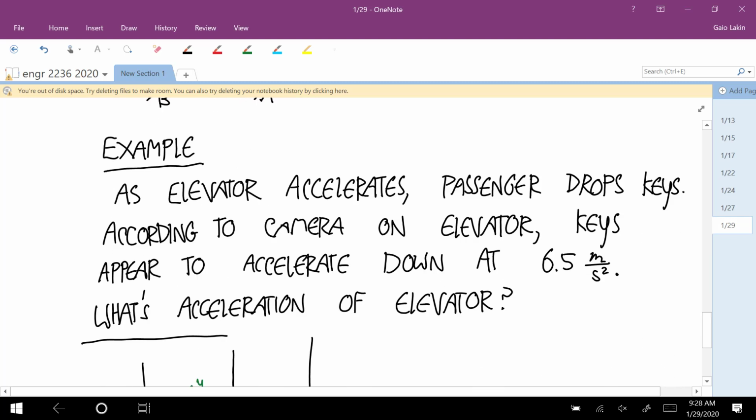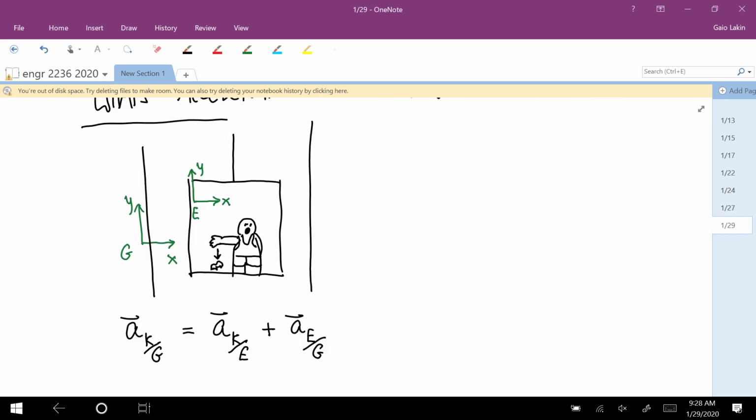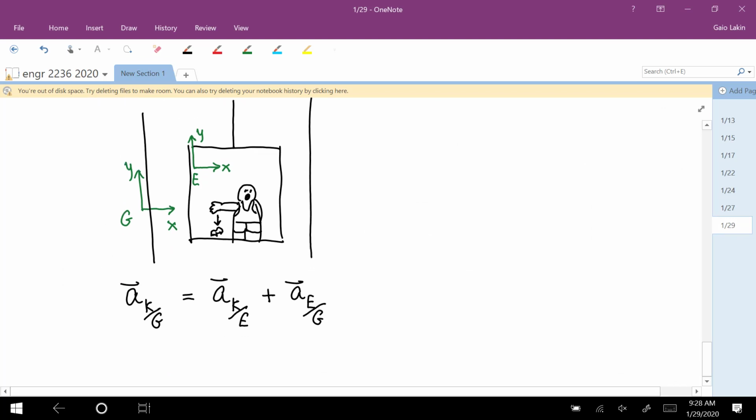Okay, I'll show you that in a second. I did it as acceleration of the object relative to the ground is equal to acceleration of the object relative to the vehicle plus acceleration of the vehicle relative to the ground. And that way of thinking of it always works.